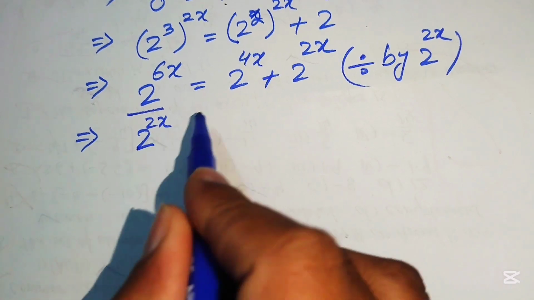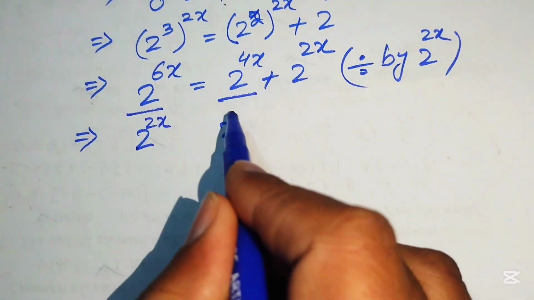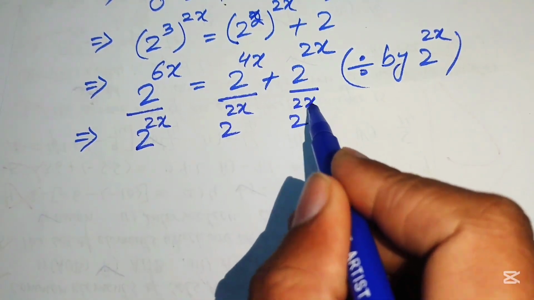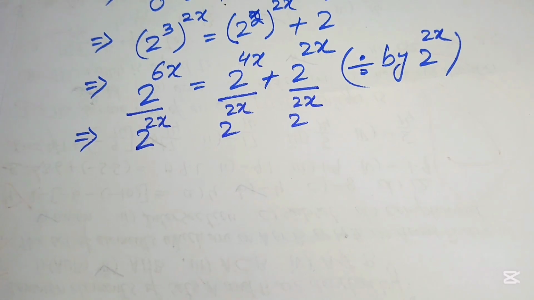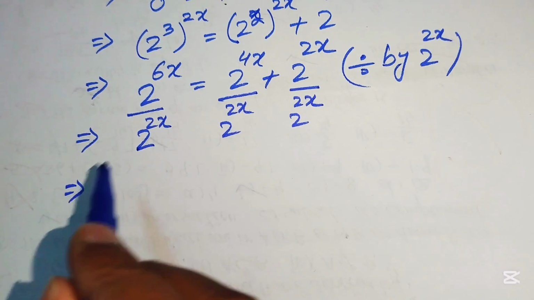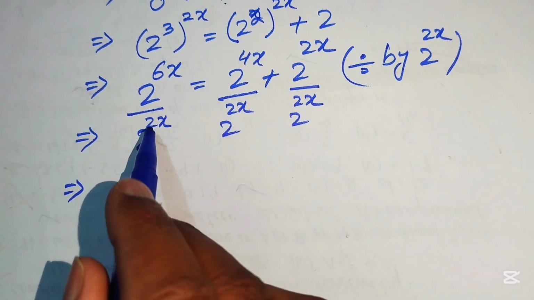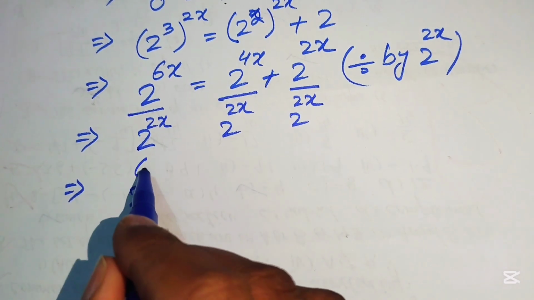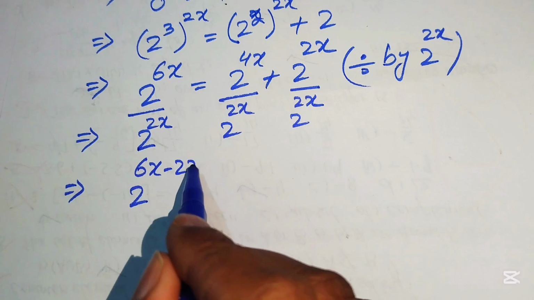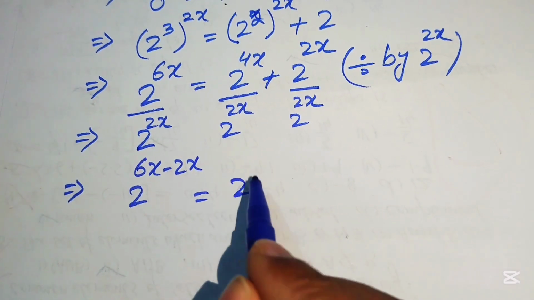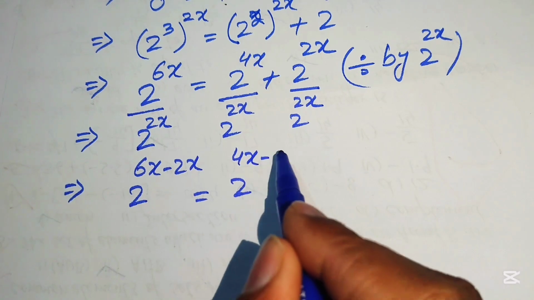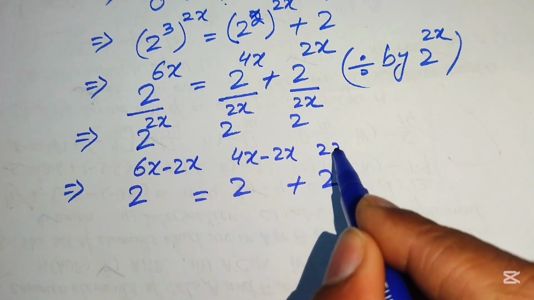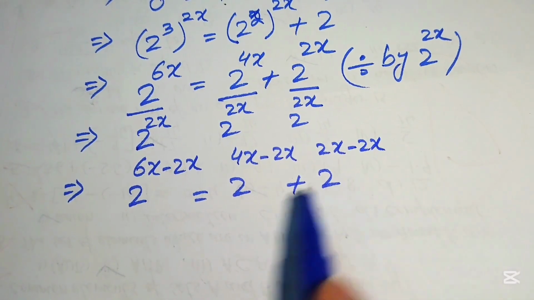Now the bases on these terms are the same, so we subtract the exponents, and it will be written as 2 to the power of 6x minus 2x equals 2 to the power of 4x minus 2x plus 2 to the power of 2x minus 2x.